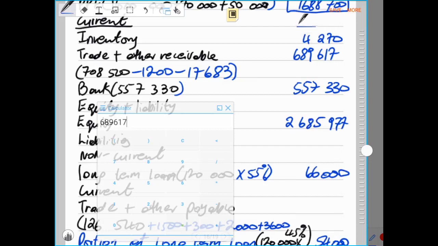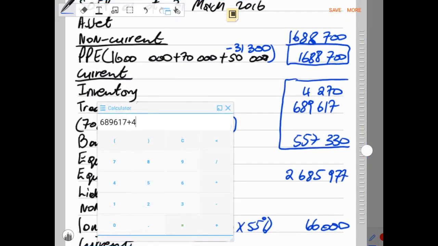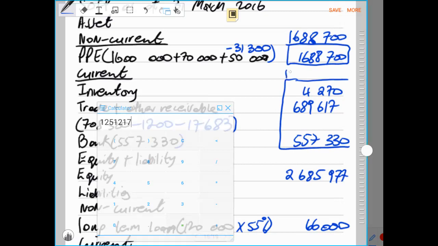Then the total of all the current assets will be plus 4,270 plus 557,330, and this will give us 1,251,217 rands.